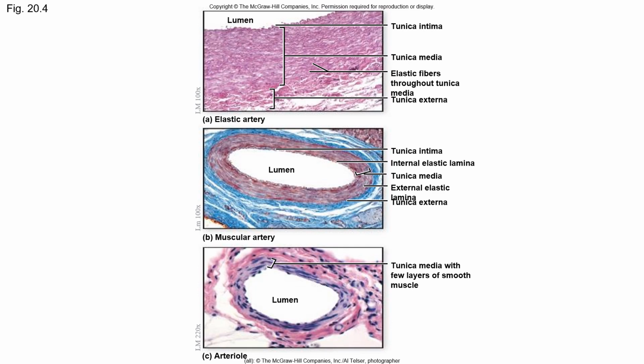This shows the lumen of the tunica intima and media, mainly the tunica media, of an elastic artery on top, a muscular artery in the middle, and an arteriole on the bottom.